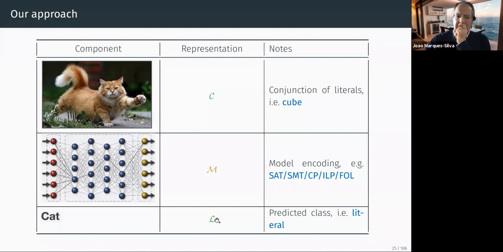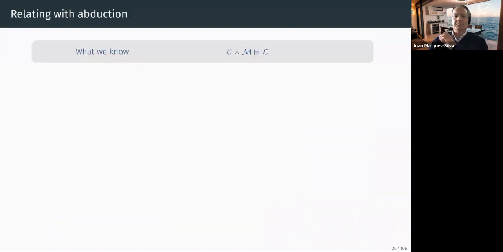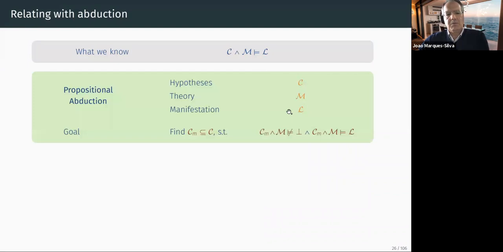So when I try to explain what is going on, what do we know? We know that if we are given the cube and the model, then we get the literal, so the class C. What we did last year was relate the explanation with something which has been done in AI for many years, which is propositional abduction, which essentially computes explanations.